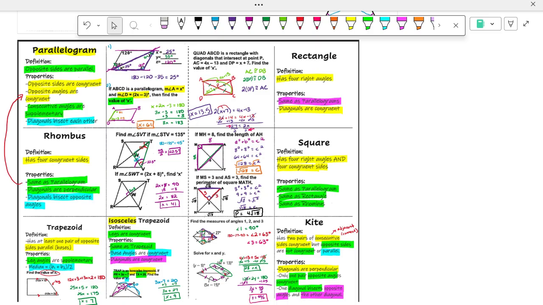Only difference between a parallelogram and a rhombus is that a rhombus has all four sides congruent. Difference between a parallelogram and a rectangle is 90-degree angles. All right. So this hierarchy is really, really important. So yeah, I would jot this down in your notebook because it is important.